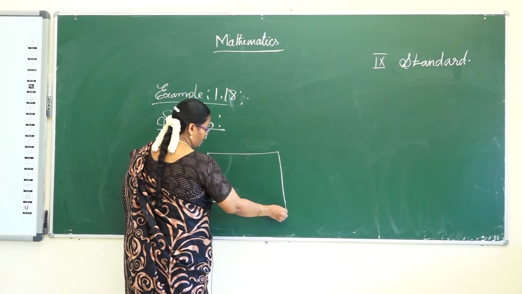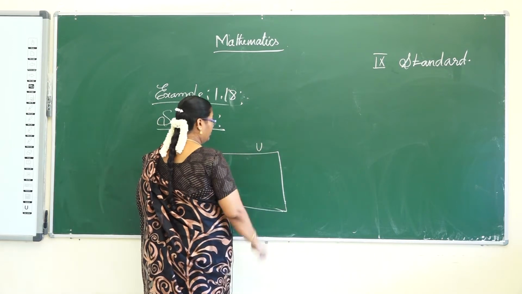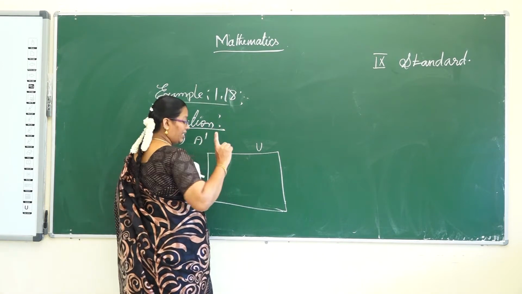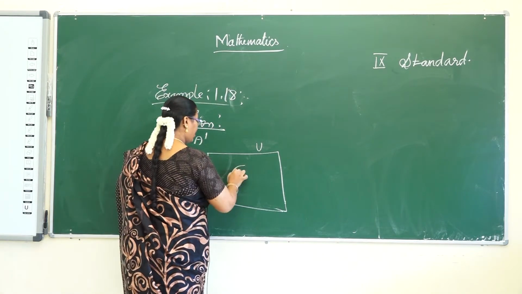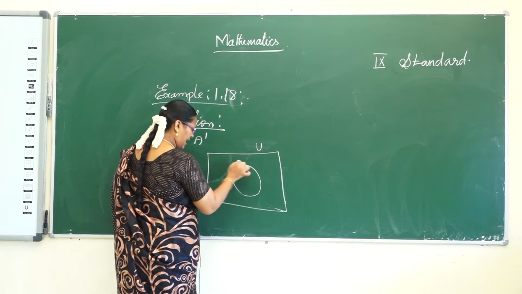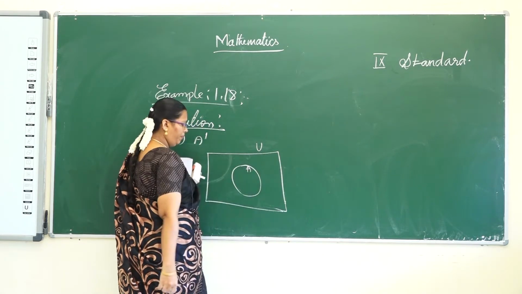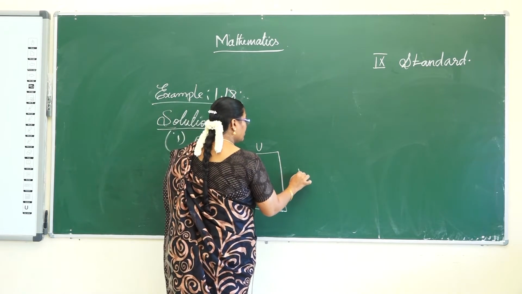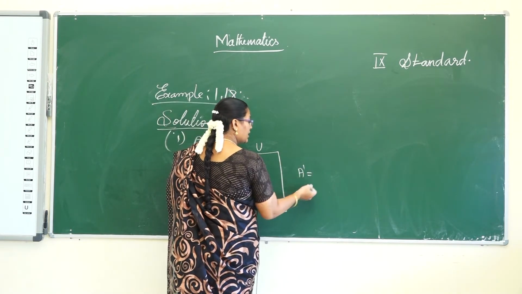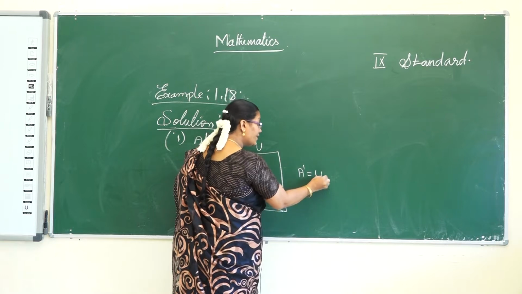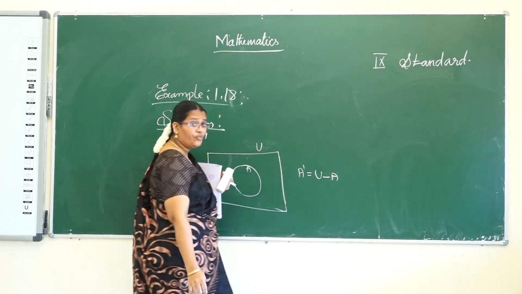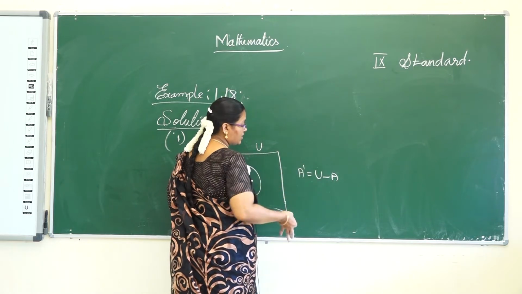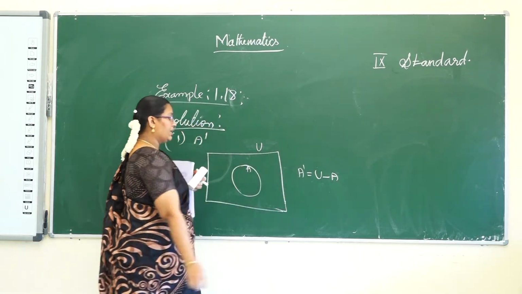The universal set is always drawn in a rectangular shape. Next, only one set is given, so you draw only one set, A. And A dash, A complement, can be written as universal set difference A. So the set of all the elements under the universal set are considered, and A is not considered.